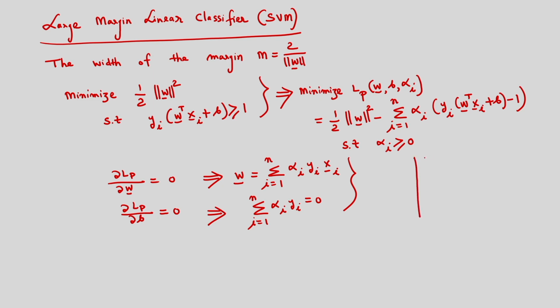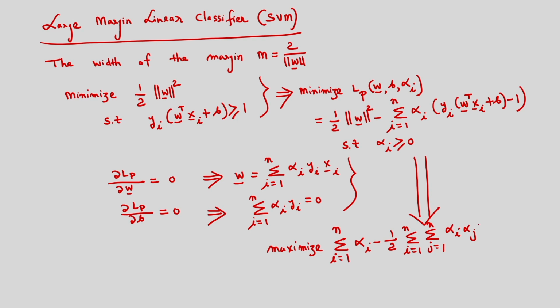From this we have obtained the criteria: maximize summation over i is equal to 1 to n of alpha i minus 1 by 2 summation over i is equal to 1 to n and j is equal to 1 to n of alpha i alpha j yi yj times the dot product between xi and xj, that is xi transpose xj.